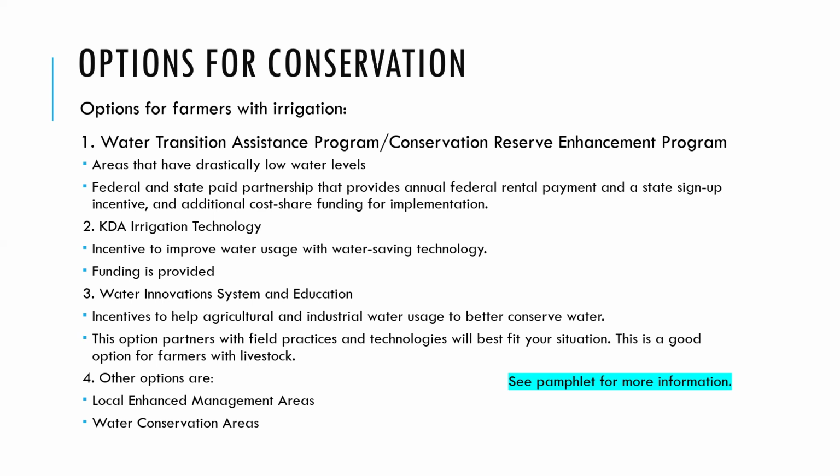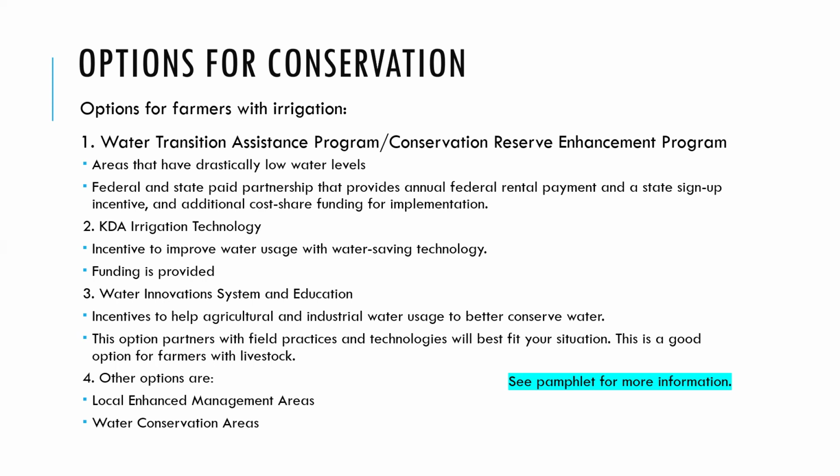Next is the KDA irrigation technology, which is incentives to improve water usage with water-saving technology. Funding is provided for new irrigation technology. Next is water innovations, systems, and education.